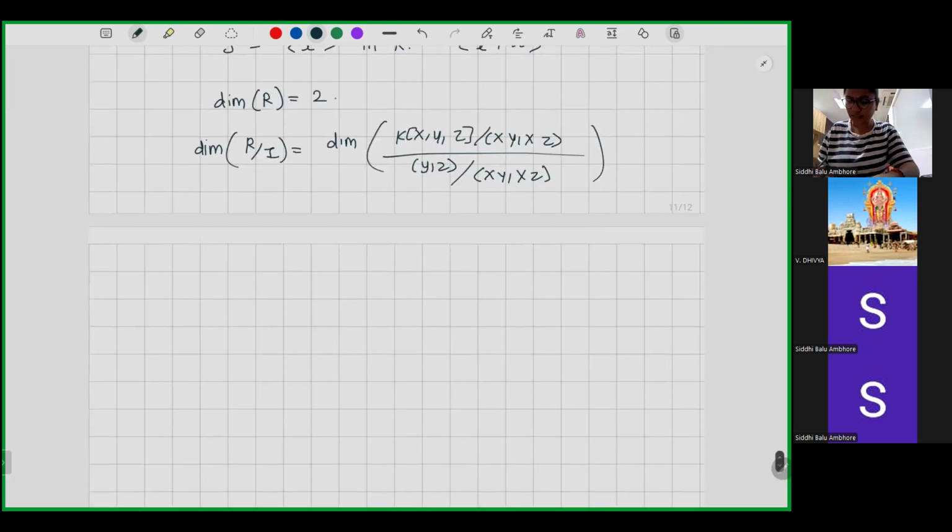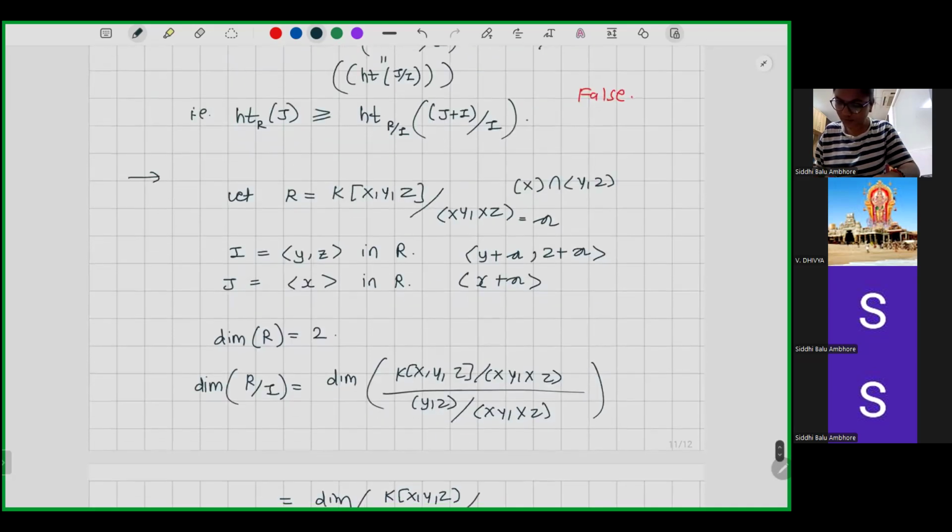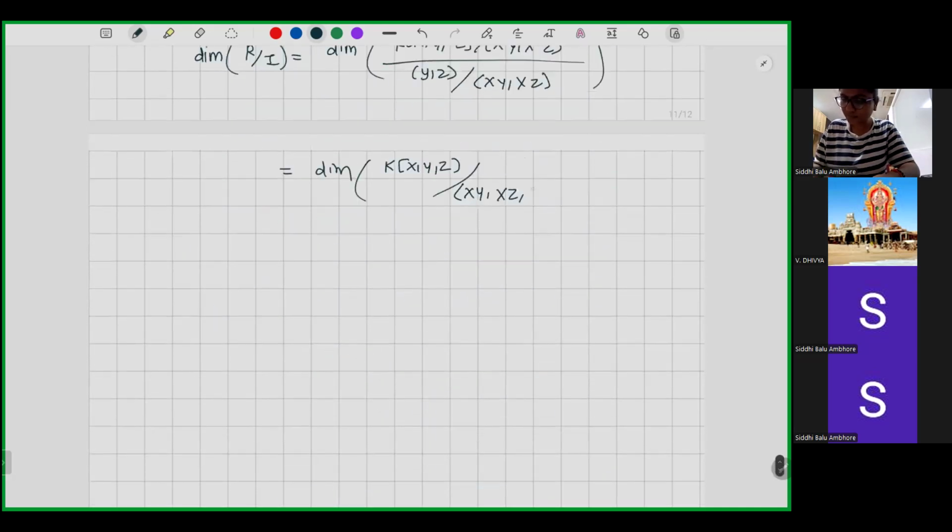When I write this, I actually mean the dimension of K[X,Y,Z] quotiented by (XY, XZ, Y, Z).